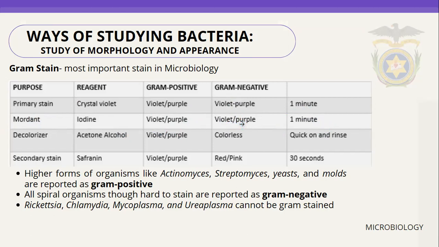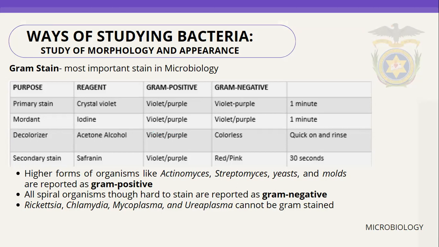Next is our decolorizer, which uses acetone alcohol. Decolorization is the most critical step because under decolorization will lead to a false positive reaction, and over decolorization will result in a false negative reaction.